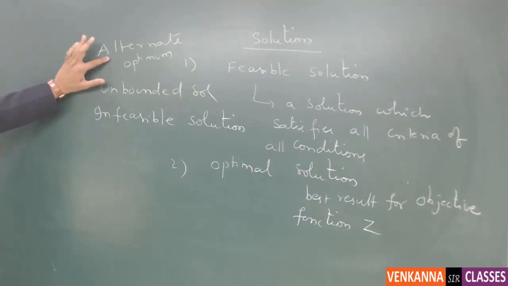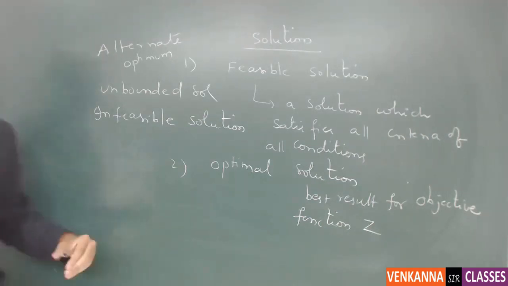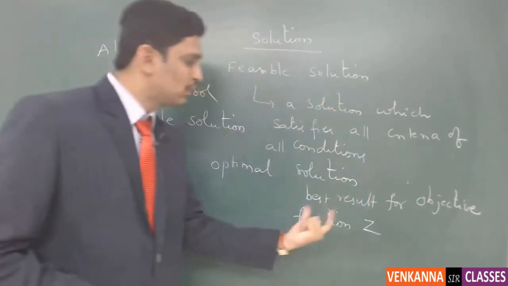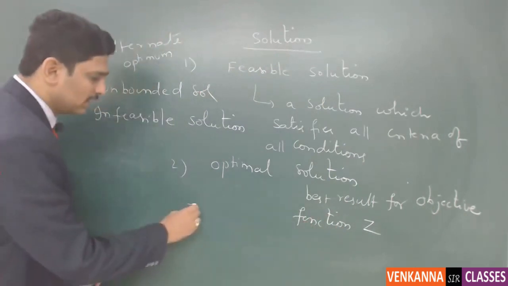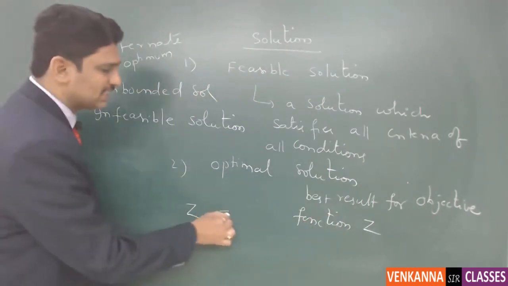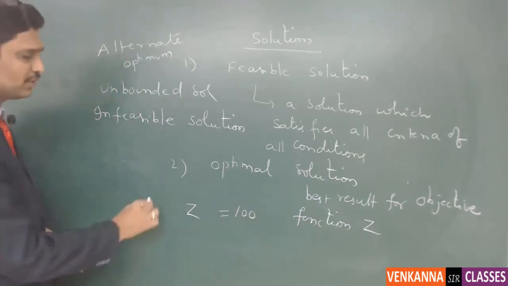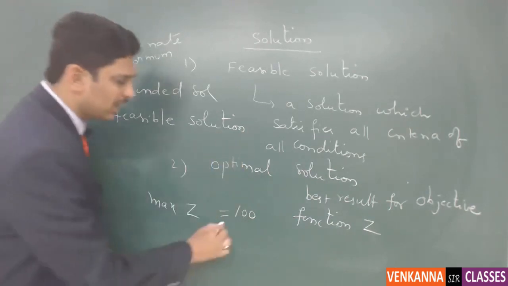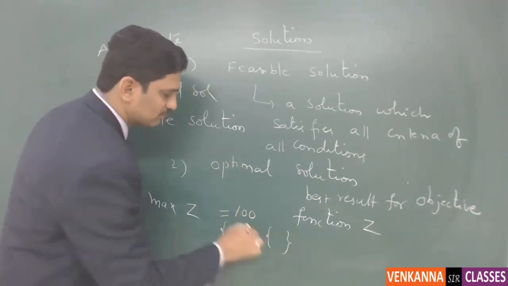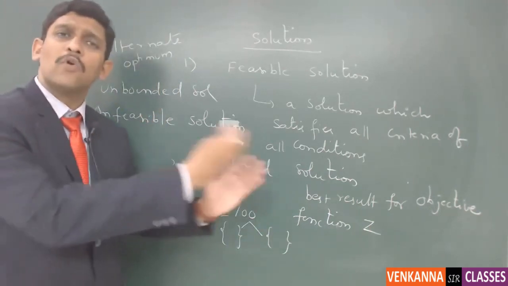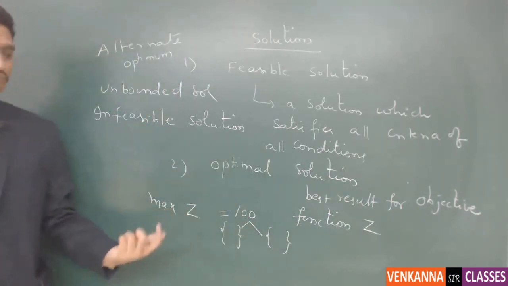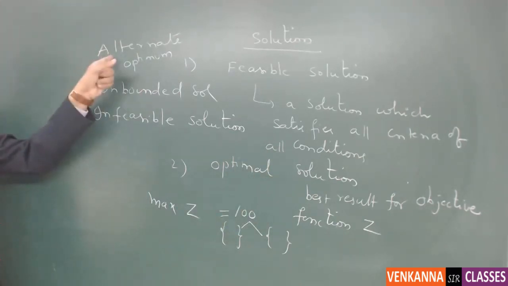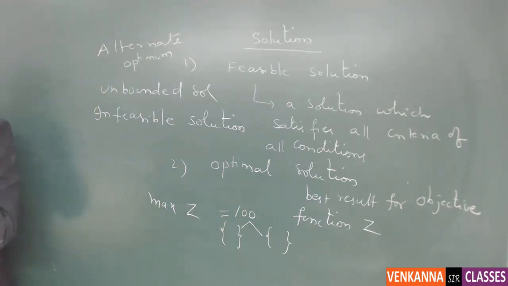Alternate optimum means you have more than one solution which gives the maximum value of z. Let me say the maximum value of z is 100 if the objective function is maximum z. This 100 is obtained by two or more different sets of values of x, y, z which give the answer 100. In such a case we call it an alternate optimum solution.